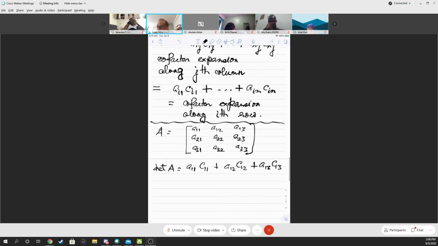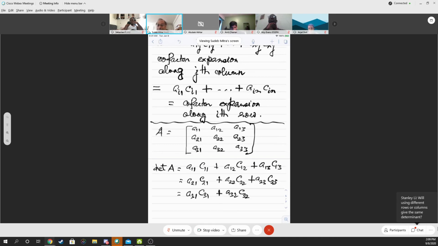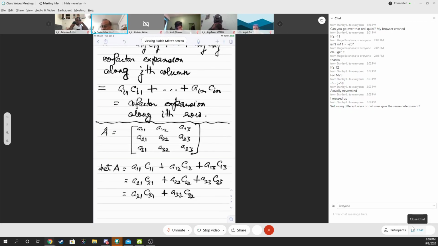I can do it along any row. Cofactor expansion along the second row is A21 C21 plus A22 C22 plus A23 C23. Along the third row, A31 C31 plus A32 C32 plus A33 C33. Yes, they will give the same determinants.